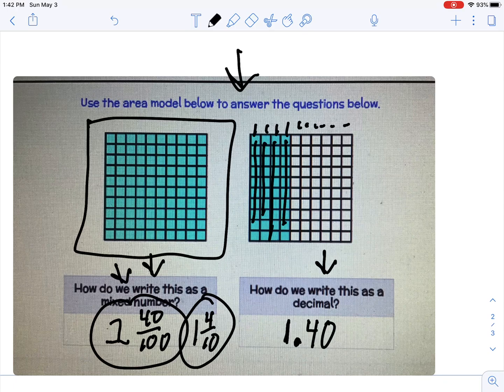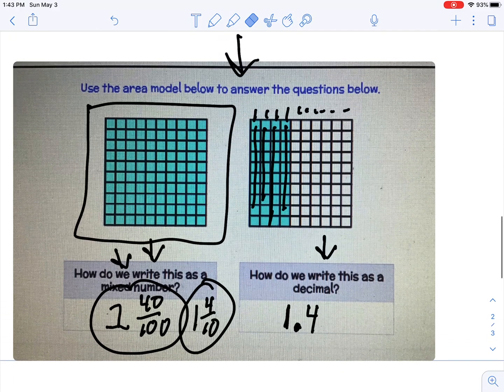If you did 40 over 100, you would just put the 0 on the end, and if you did 1 and 4 tenths, you just take the 0 off. But 1 and 40 hundredths is the exact same as 1 and 4 tenths. So those are the kind of problems you're going to be doing on your independent practice today. Go back and rewatch the video as many times as you need to if this was confusing.